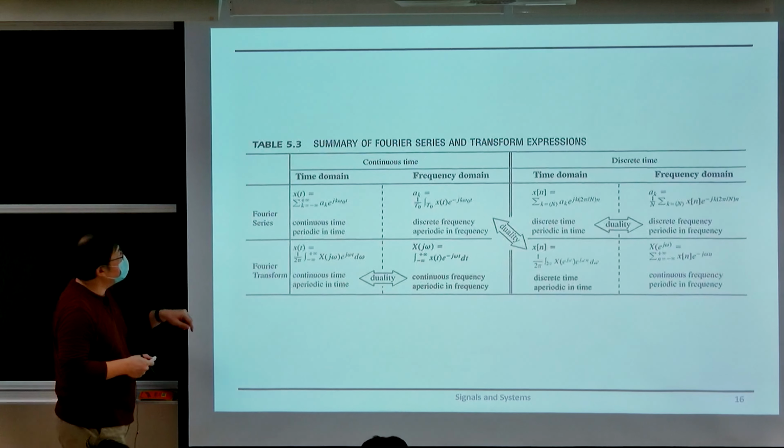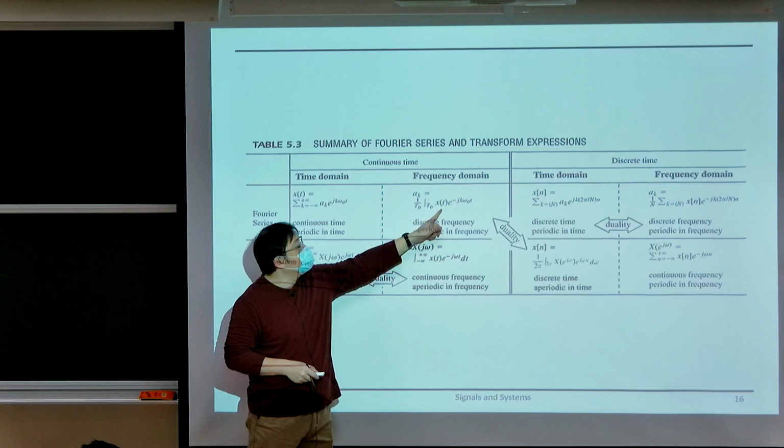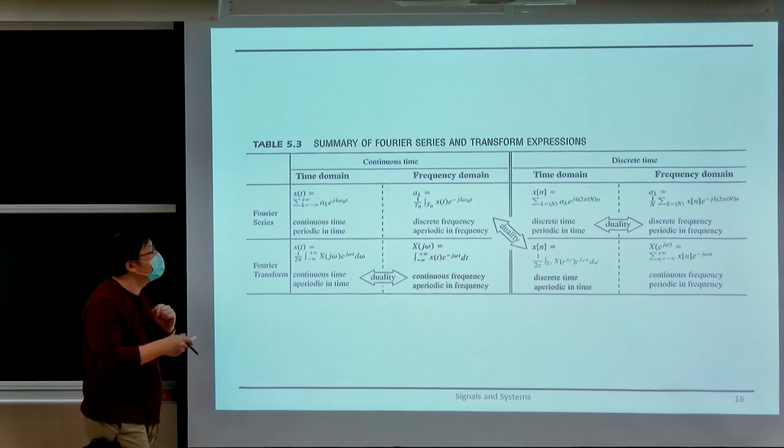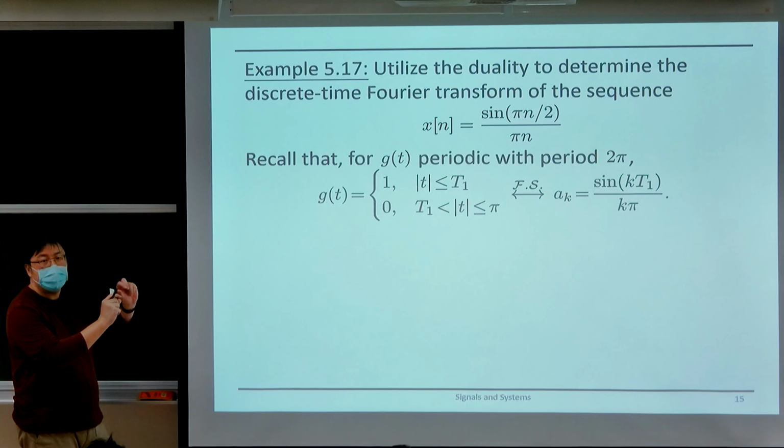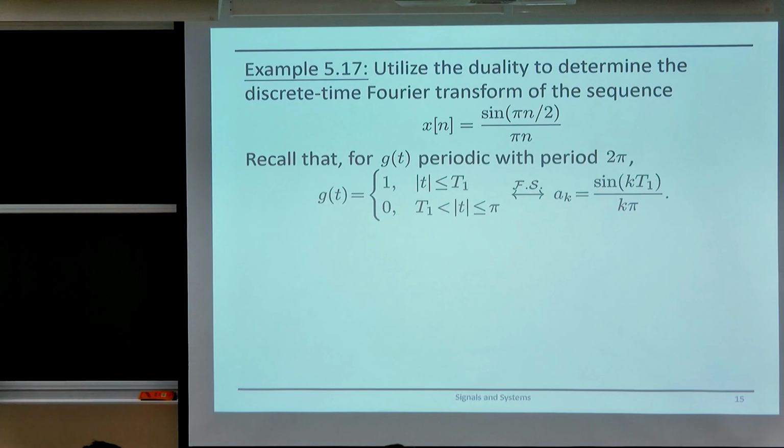You can write AK as the integral of the time domain signal over one period. And then again, just by changing the variables, you'll find that the Fourier transform of this discrete time signal should also take on this rectangular shape in the frequency domain.